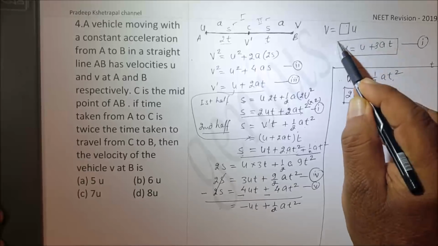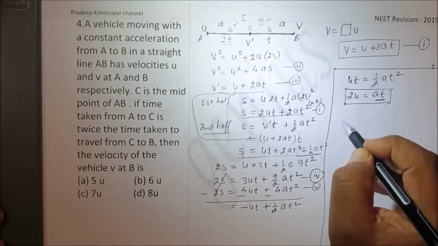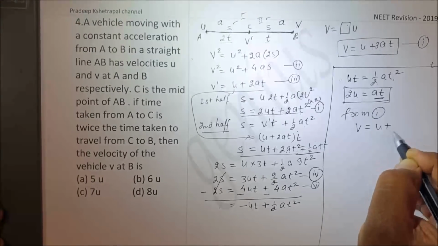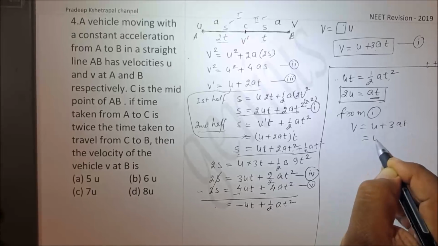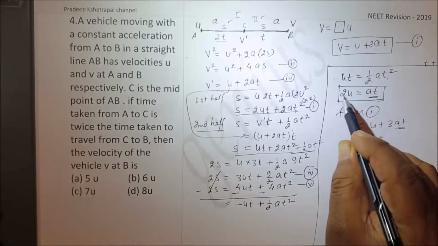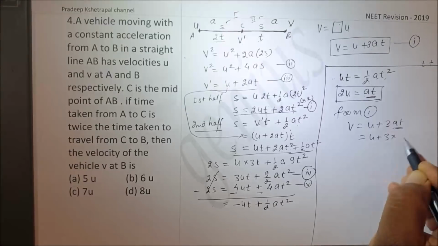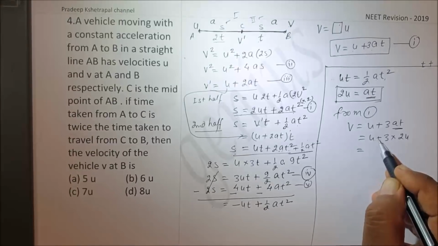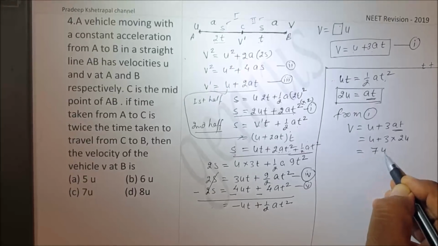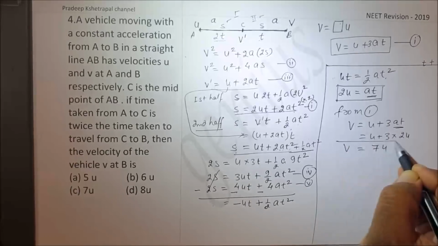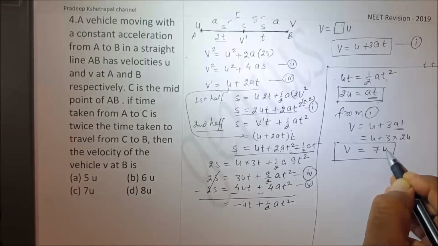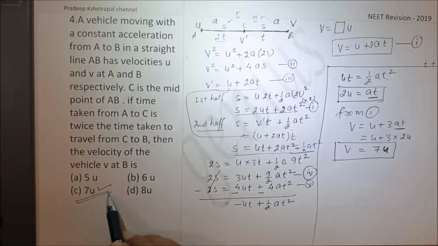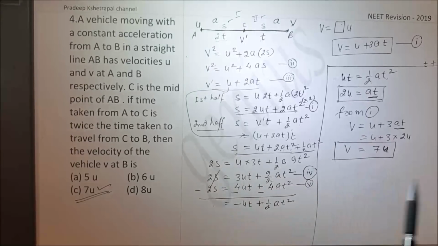You see, we had this relation here, from 1, V is equal to u plus 3at, that is u plus at is equal to 2u, 3 into 2u. So this is 6u and 1u, this comes out to be 7u. So V is equal to 7u, and we check here, V is equal to 7u is option number C. So this is how we can make it.